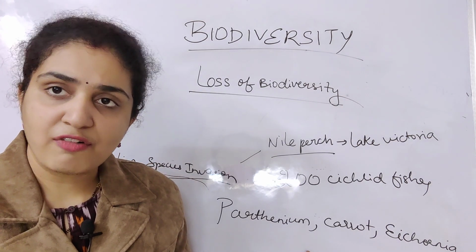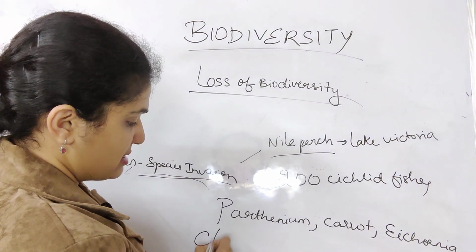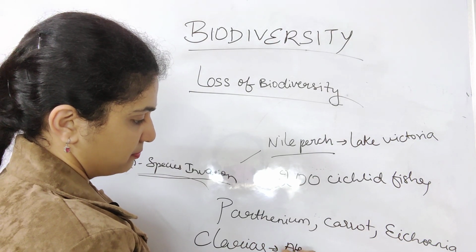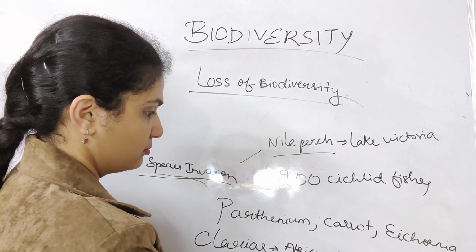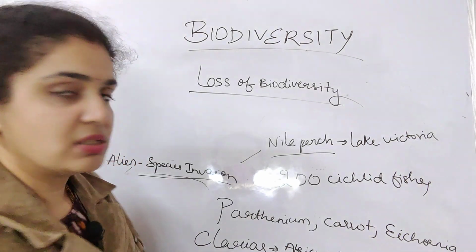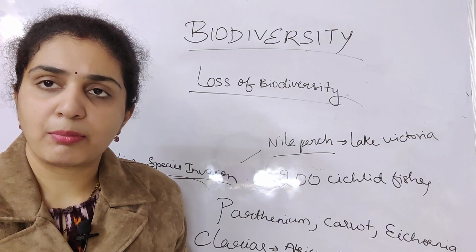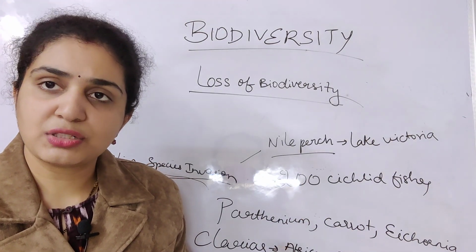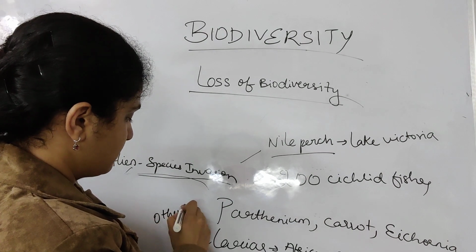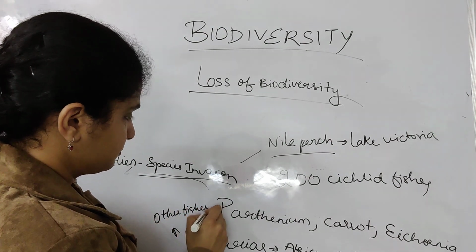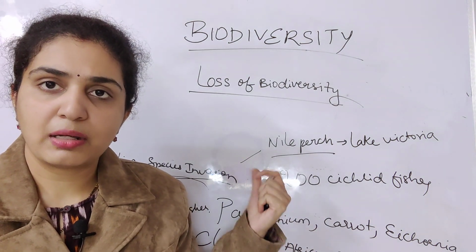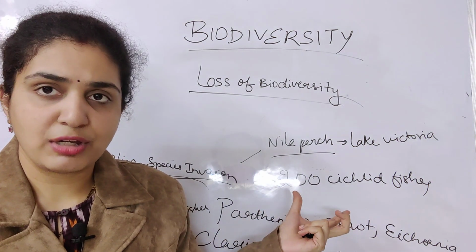Then another African catfish called Clarias. When it was introduced into the environment, again numerous fishes got extinct. Other fishes got extinct. So the main important point you should remember is alien species invasion.